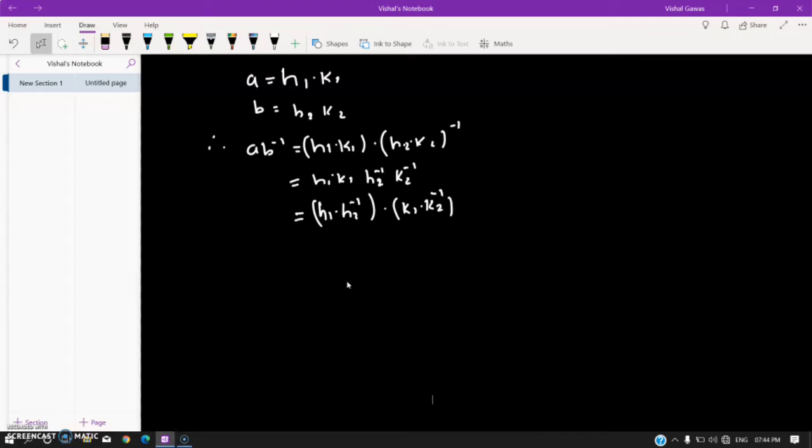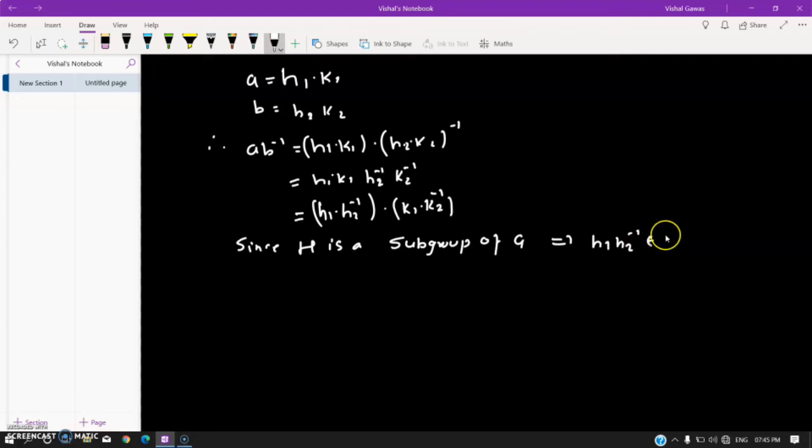Since H is a group, what happens is, since H is a subgroup of G, this implies that h1 h2 inverse belongs to H, because it would be closed under multiplication, right?